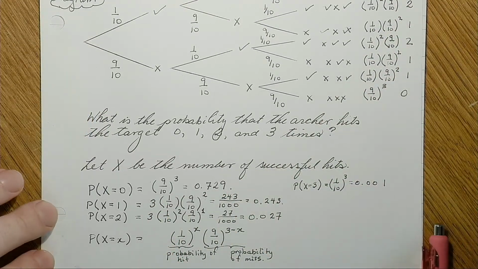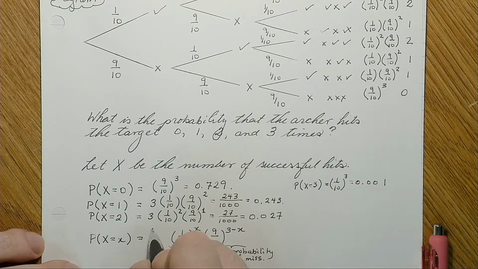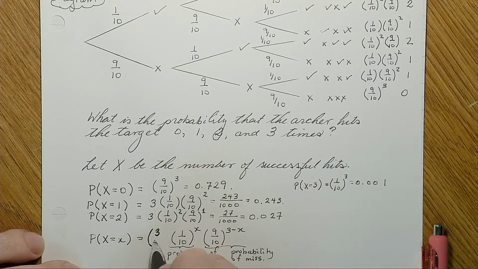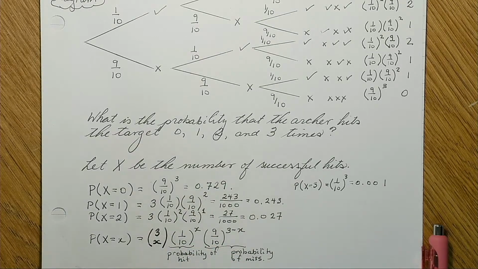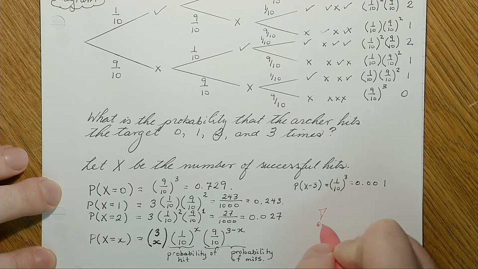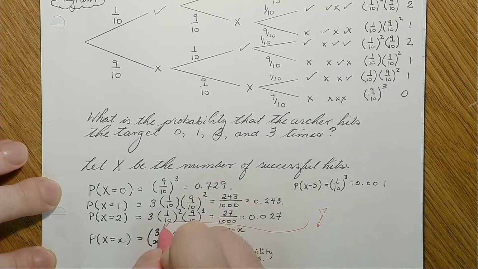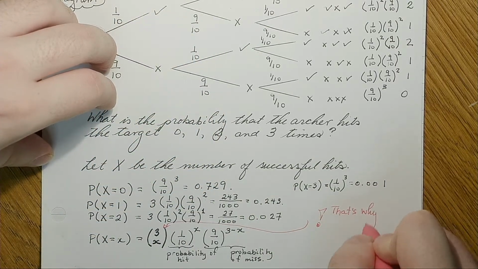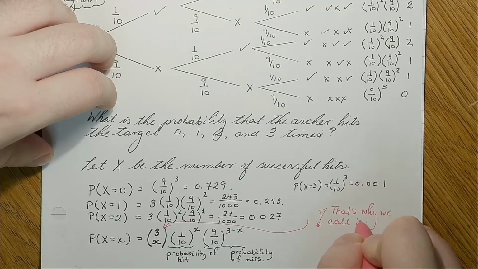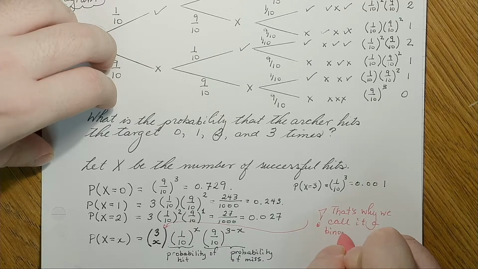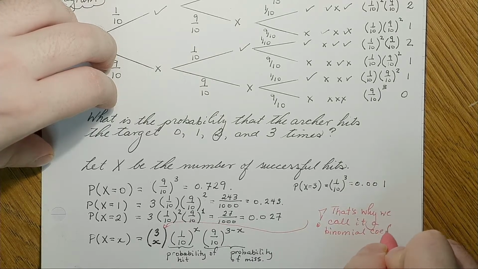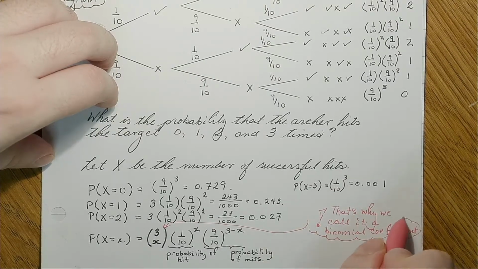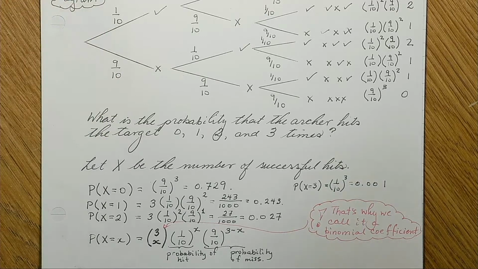And so I'll put 3 choose X. And everyone should be thinking, oh, okay, that's why we call it a binomial coefficient. I might have mentioned it when we were talking about combinations.